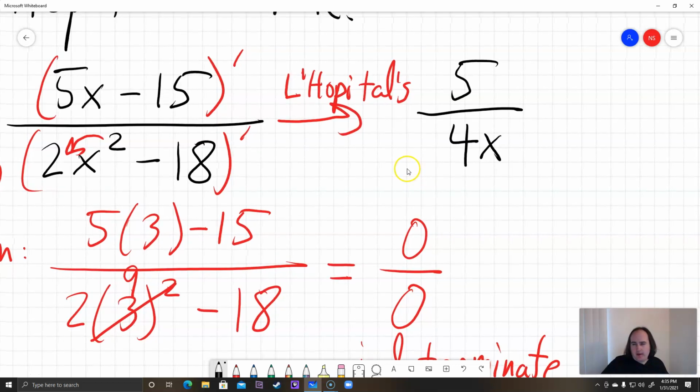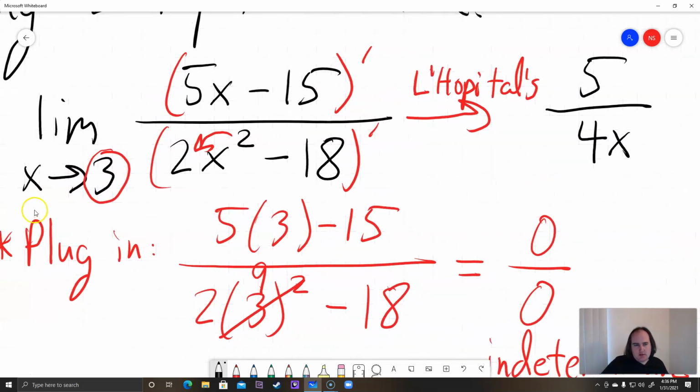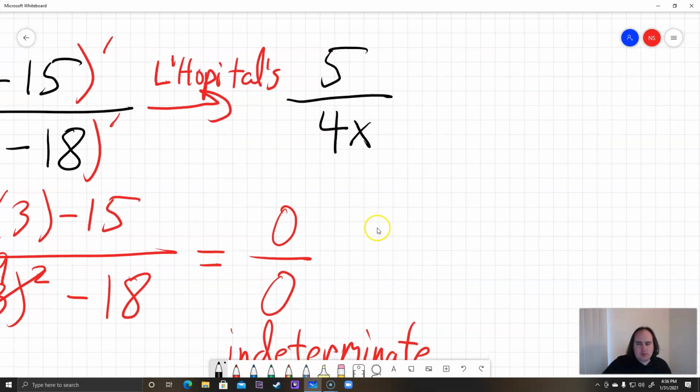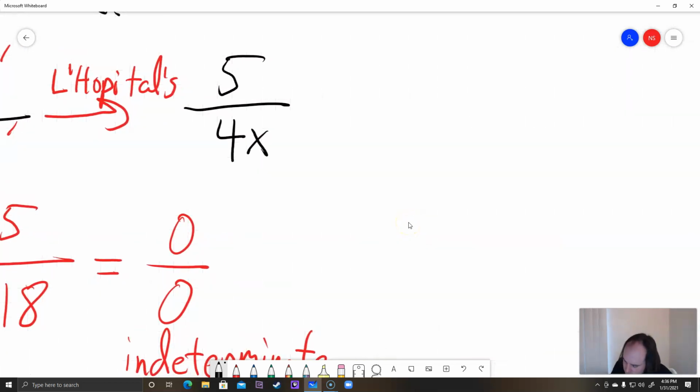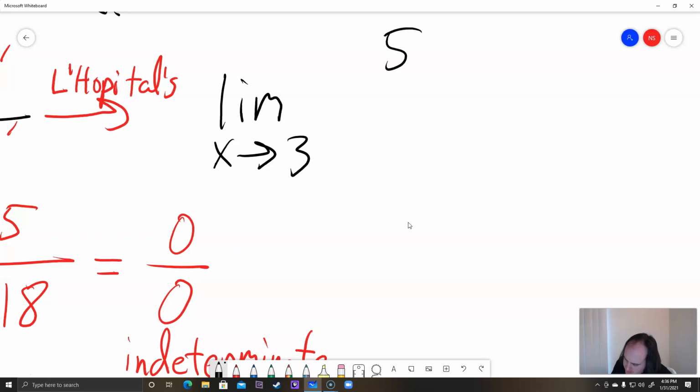And then what you do next is you still have to find the limit, but you take the limit as x goes to 3 of this new expression. And you can just keep doing this derivative on the top and the bottom until your limit takes either a real value or infinity or negative infinity. So plugging in here, we're going to be taking the limit as x goes to 3 of, I believe we said it was 5 over 4x.